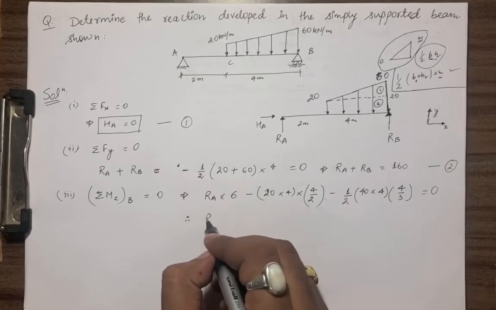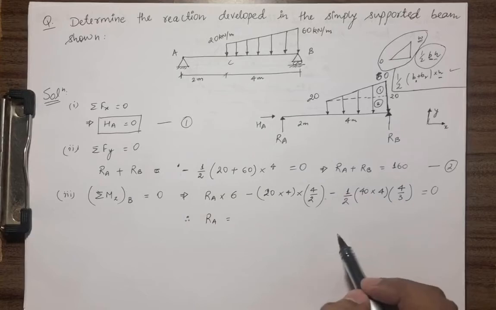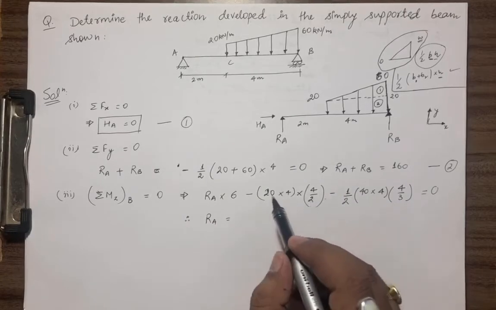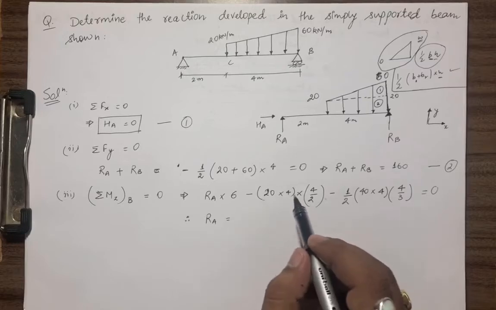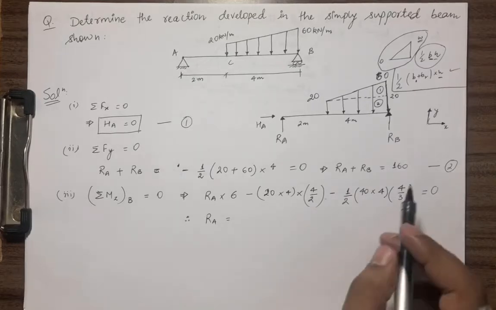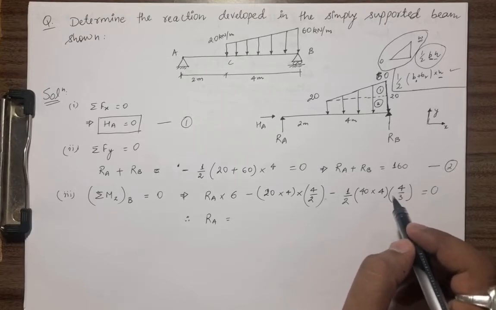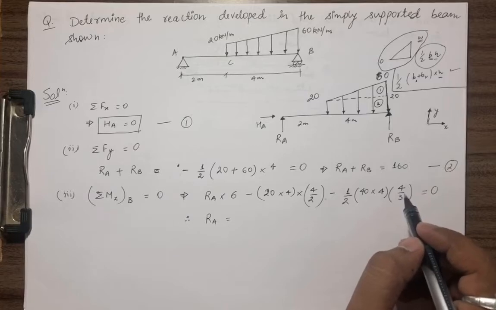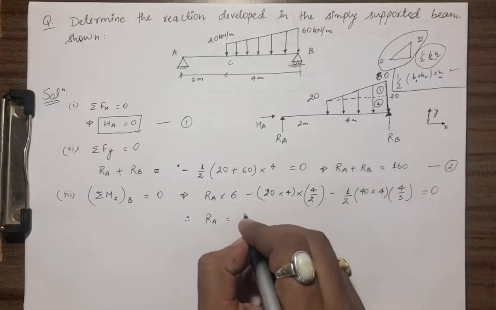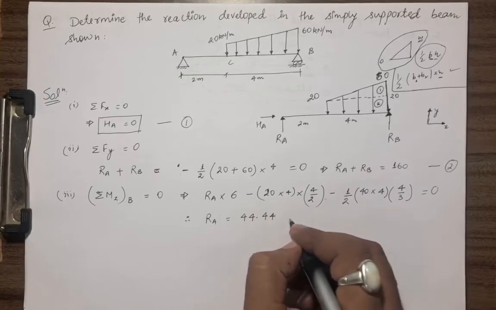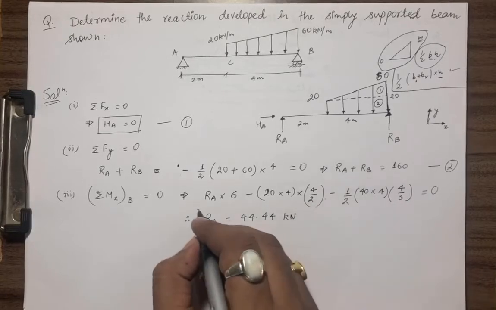So Ra you will get from here: 160 and 40 into 4 by 6, that means 320 by 3. So Ra is coming 44.44 kilo Newton.